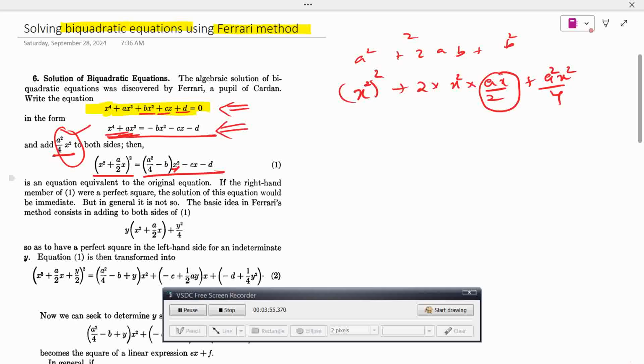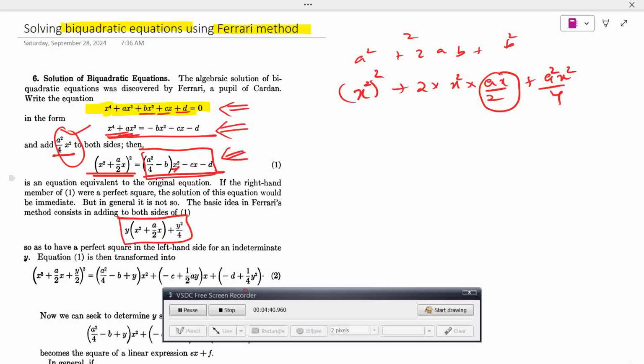Now in equation 1 we have to make this side also a perfect square, and also this portion. So we will have to add some things to this LHS, also this RHS, and this should still remain a perfect square. So we are adding this term to both sides.